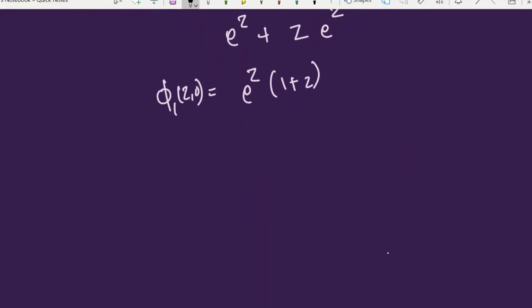Next, for finding phi 2, we have to differentiate with respect to y. So again I will write u value x cos y minus y sin y.